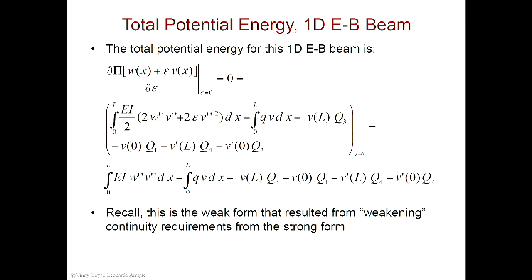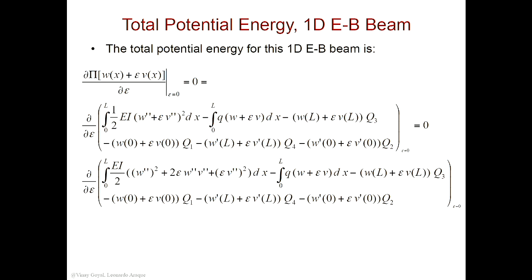So, as an example, what is the derivative of W double prime squared with respect to epsilon? 0. I like how some of you just did that. That's correct. That's 0. What is the derivative of this with respect to epsilon? The same thing without the epsilon. What is the derivative of this with respect to epsilon? Well, it's twice epsilon V double prime squared.